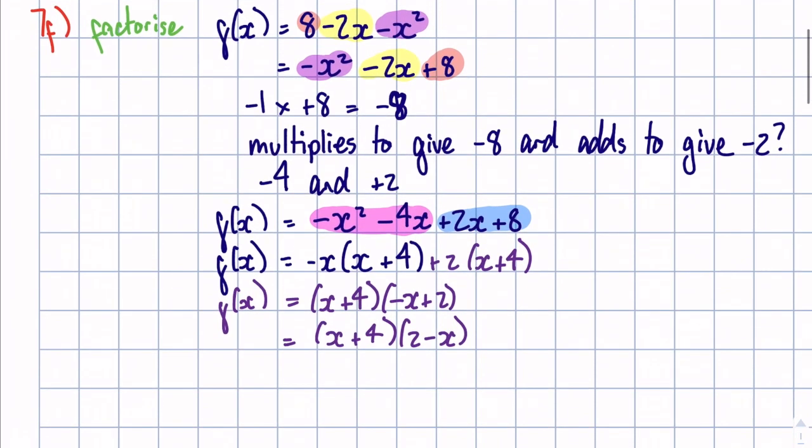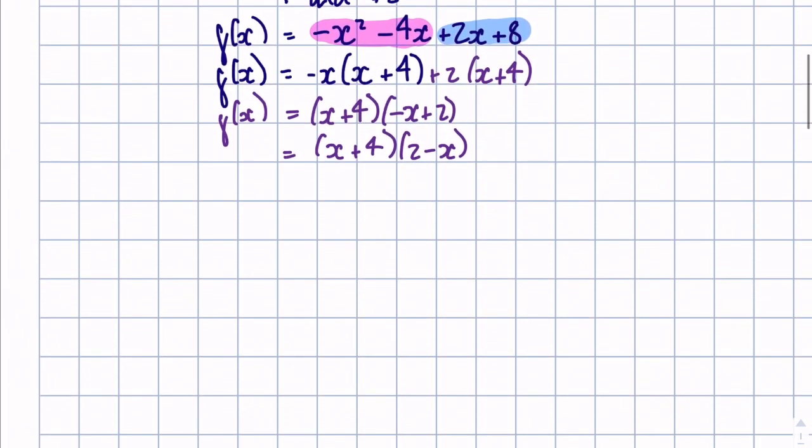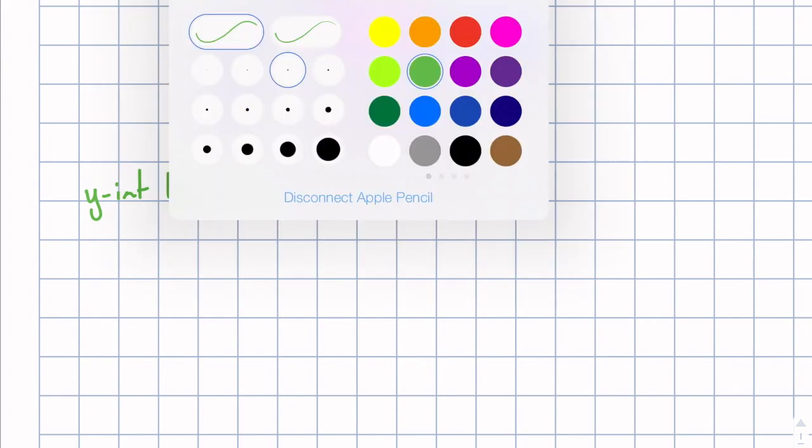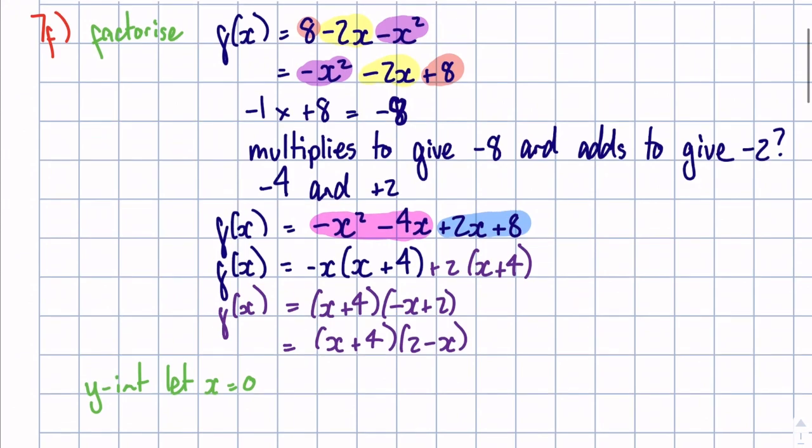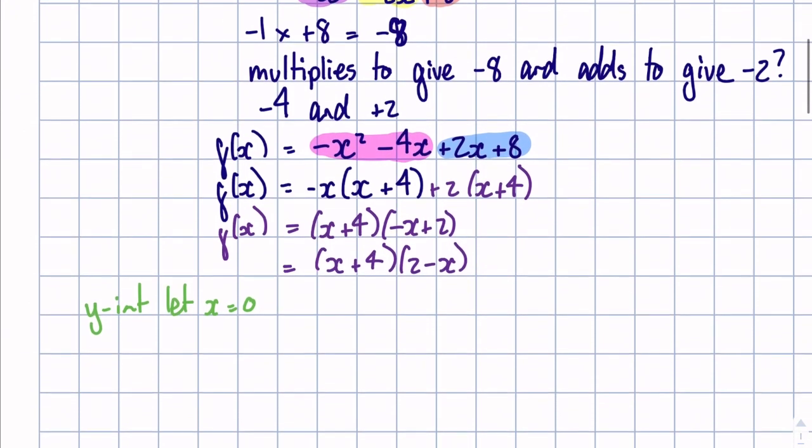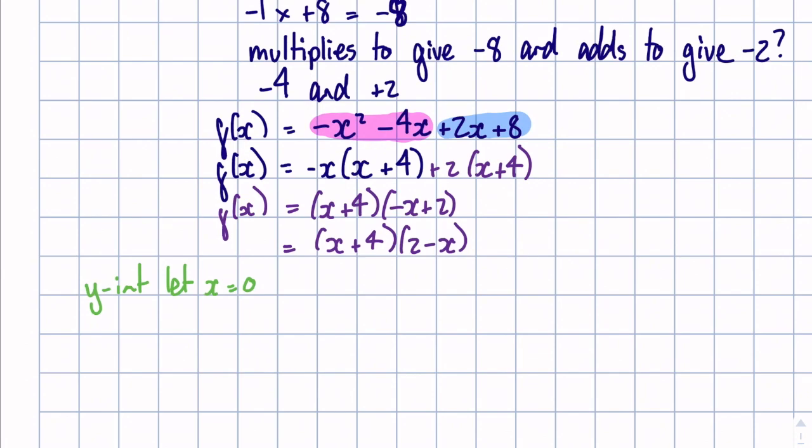Yep. Okay, now we've factorized, we can go back into our normal steps for sketching quadratics. What's the first one? Y-intercept. Let x equals 0. So for this one, it doesn't matter whether we do it to our 8 take 2x take x squared, or our negative x squared take 2x plus 8, or our x plus 4 2 take x.